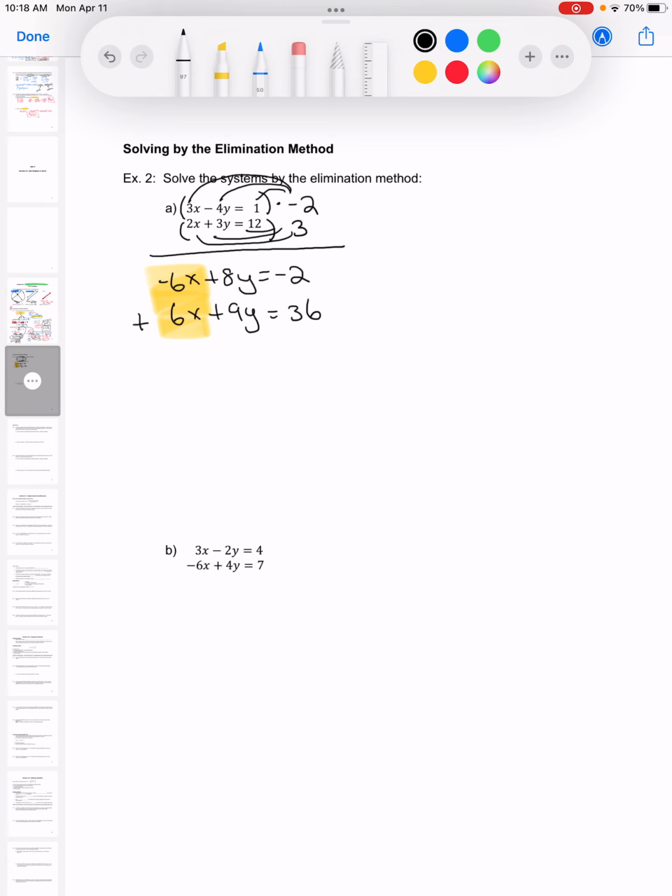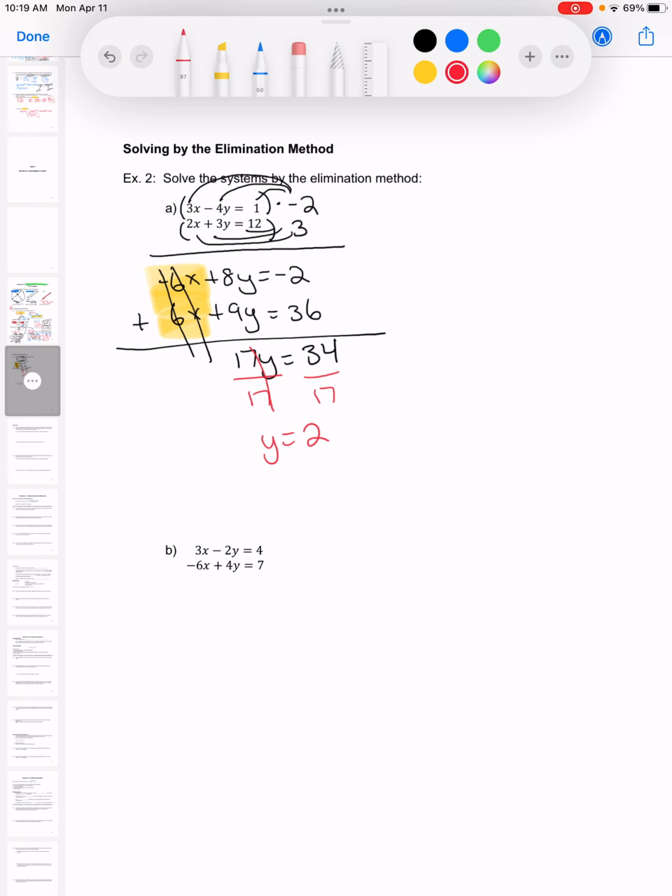The reason I do that is because 6 and -6 cancel each other out. 8y plus 9y is 17y, and -2 plus 36 is 34. So it makes a super easy equation for me to solve. I'm going to get y is 2.